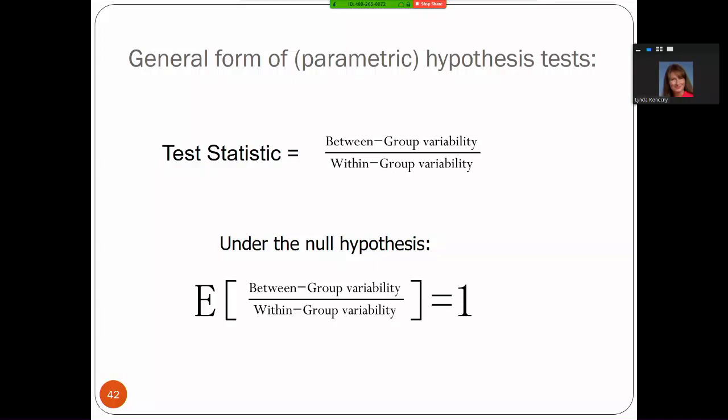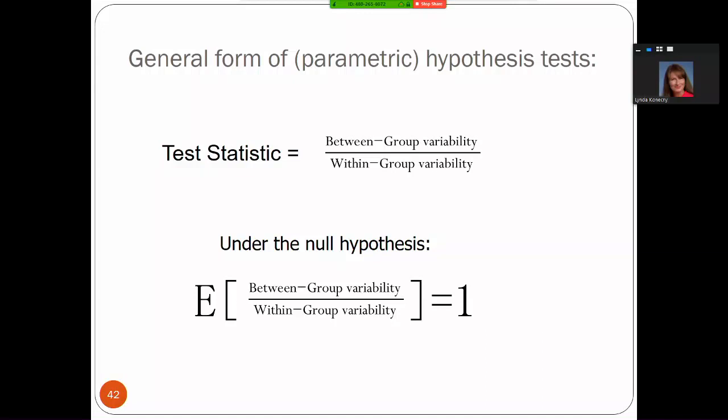And the test statistic we use for these types of problems is simply the ratio of between group variability divided by within group variability, with the assumption that under the null hypothesis, where there is truly no difference between groups, that the intervention made no difference, the expectation over the long run of this ratio, if in fact the intervention was not effective, is going to equal 1.